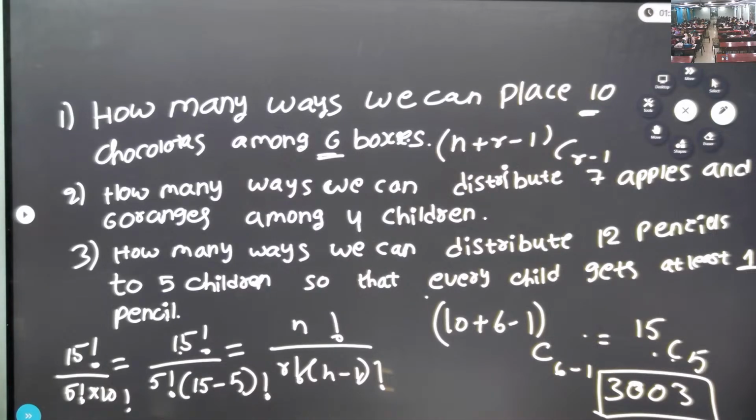Okay, the first part we have completed, in the second part we are here, that is distribution. How many have to be distributed? 7 apples and 6 oranges have to be distributed to 4 children.